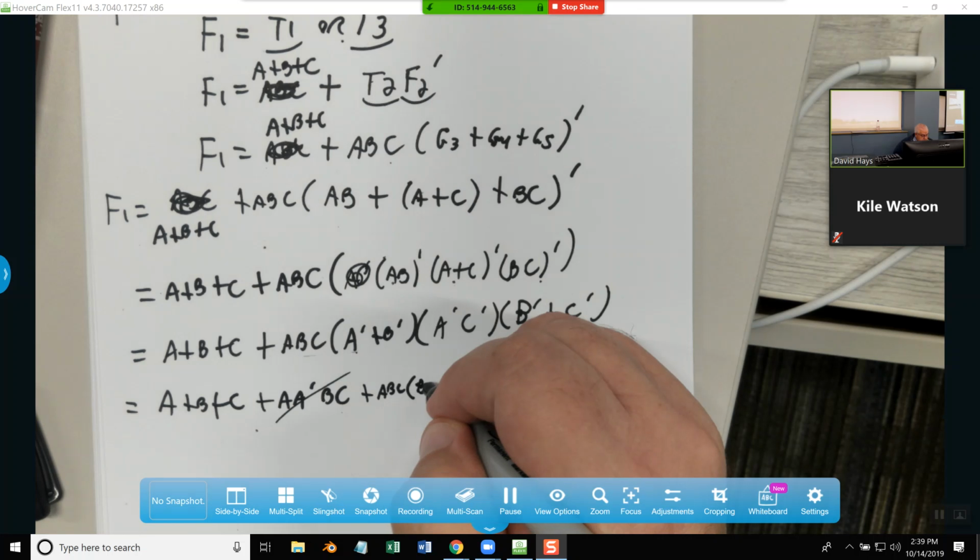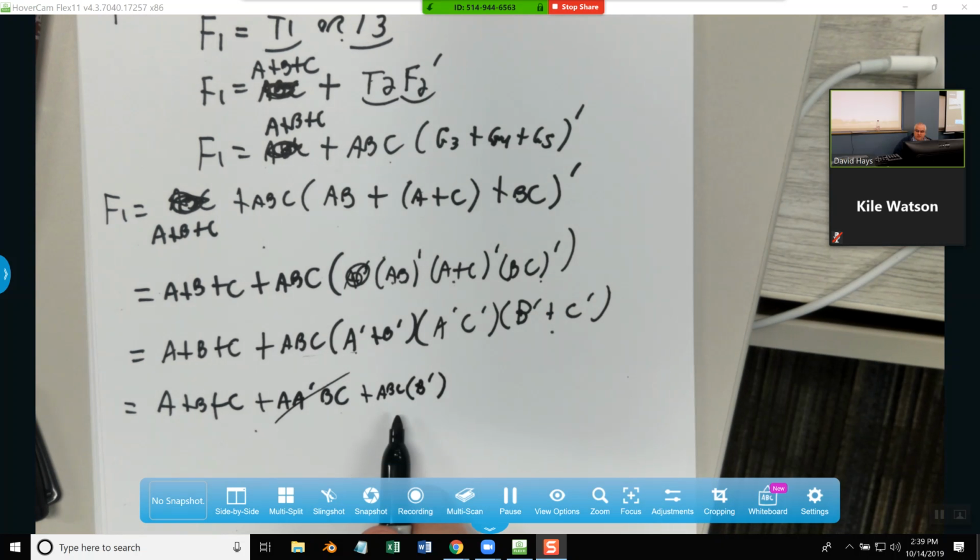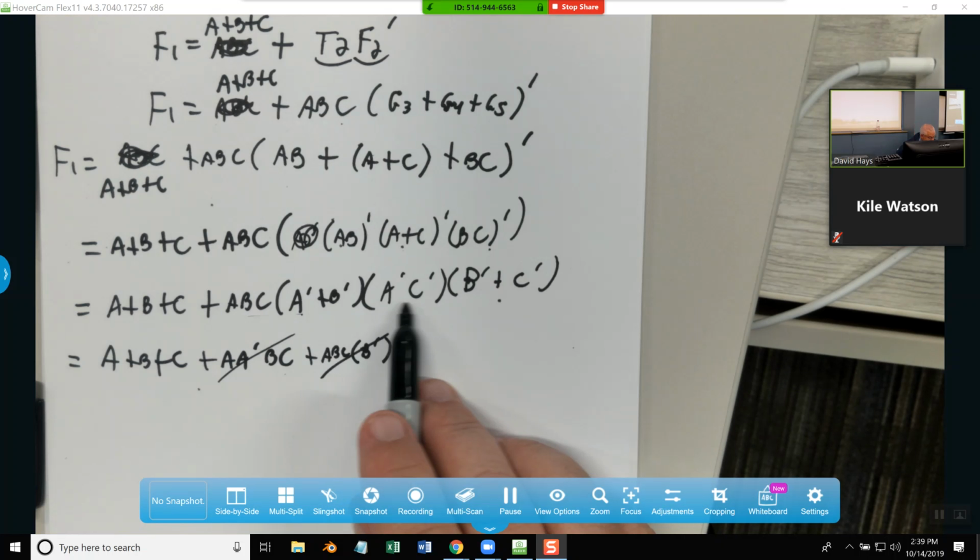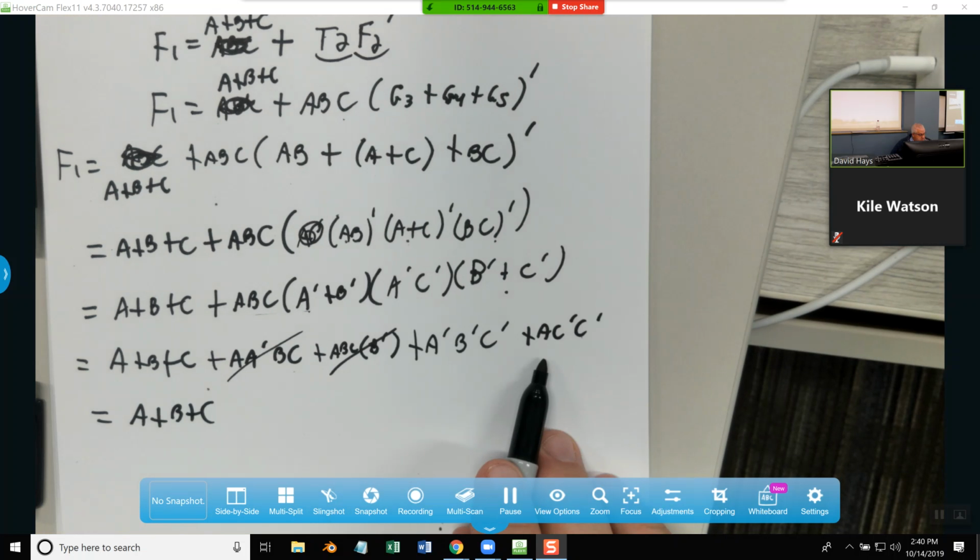From De Morgan's law, that becomes C prime or A prime, B prime, and since these are two C primes, I dropped one of them, that's just A. Just A. Where did I get that at?